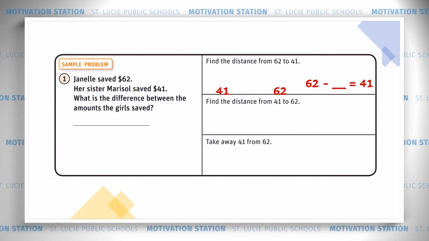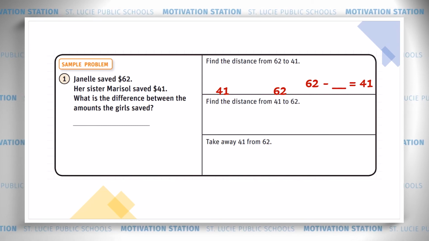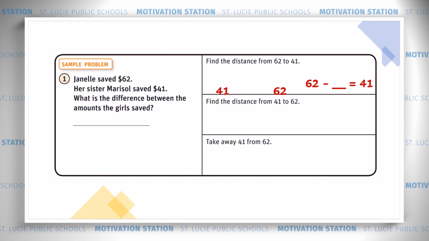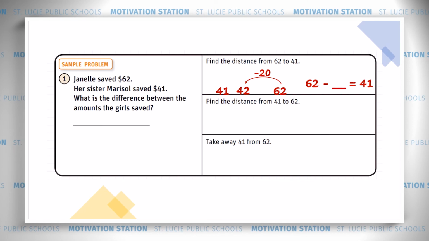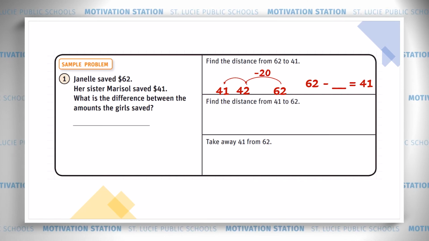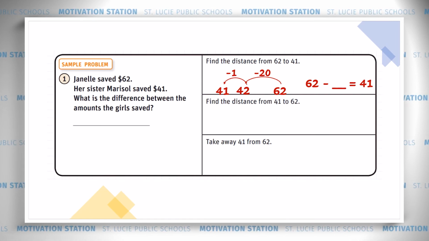Starting at 62, we need to talk about what jump we want to make. So 62 to 41. Well, I could get really close to 41 by getting to 42. That would be minus 20. And then to get from 42 to 41 is just minus 1. That's a nice, easy, small jump.